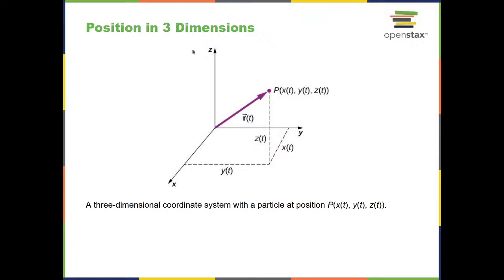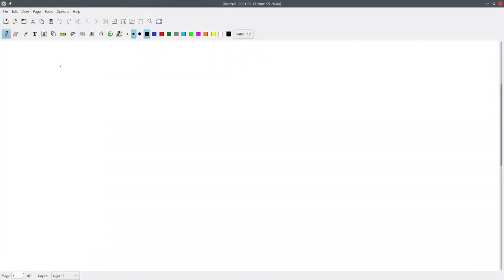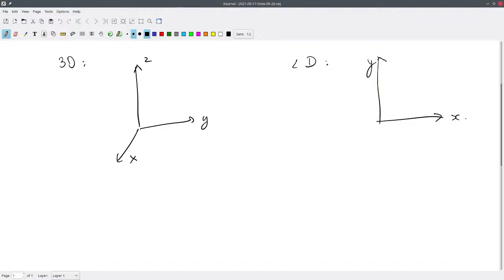In 2 dimensions, we'd typically be only talking about x and y, and oftentimes x is the horizontal axis and y is the vertical upward axis. If we wanted to draw this in 3 dimensions, we'd have z as the vertical upward axis, y here, and x here. In 2 dimensions, we'll often see y in this direction and x in that direction. Now, of course, everything is still valid, right? Okay.